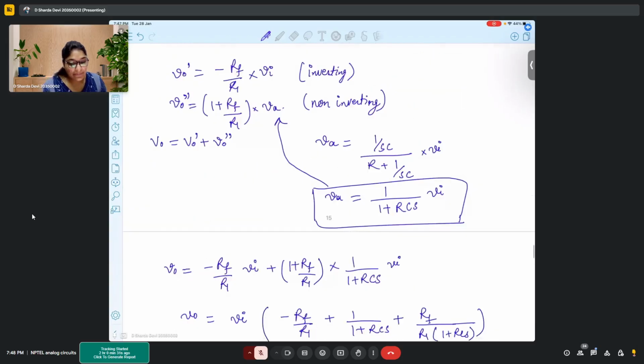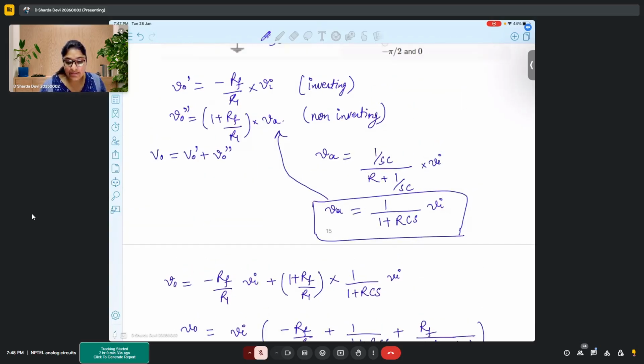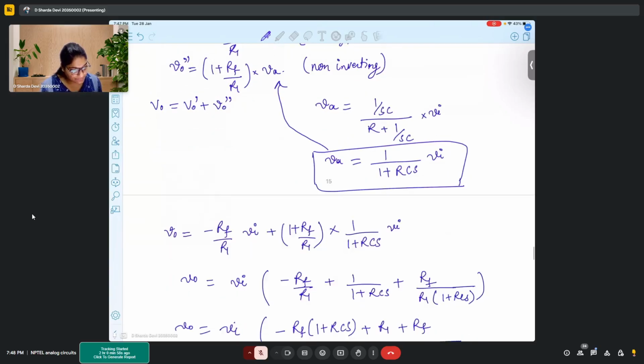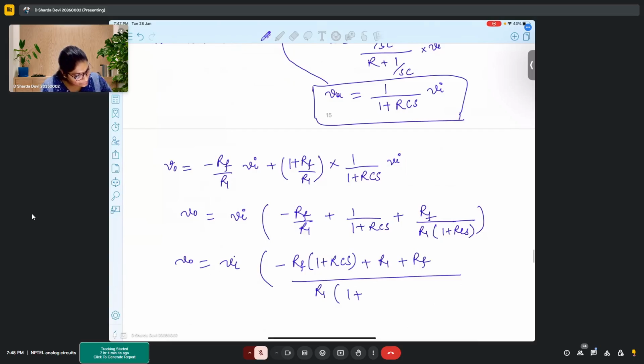So I have converted my C into its reactance, and we can write j omega, 1 by j omega C, or we can simply write SC. S is the frequency representation. We write S, or you can write j omega. Both are fine. It's the same thing.